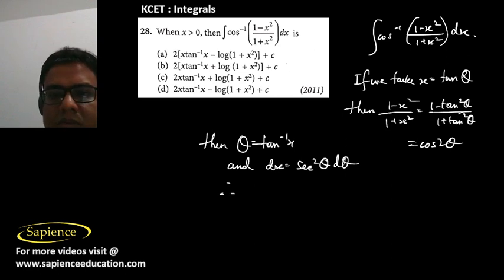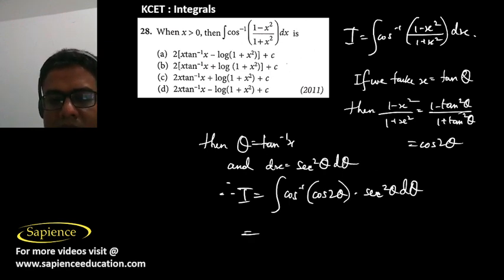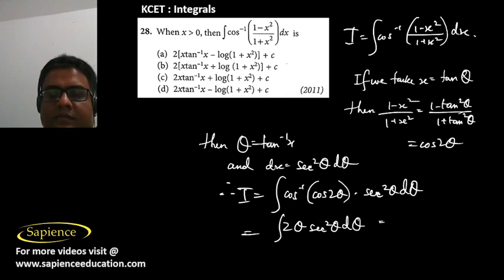So therefore this integral I can be written as integral cos inverse of cos 2 theta into secant square theta d theta. So cos inverse cos 2 theta is 2 theta, into integral secant square theta d theta. Or simply I can write it as 2 integral tan inverse x into dx, since theta is tan inverse x.